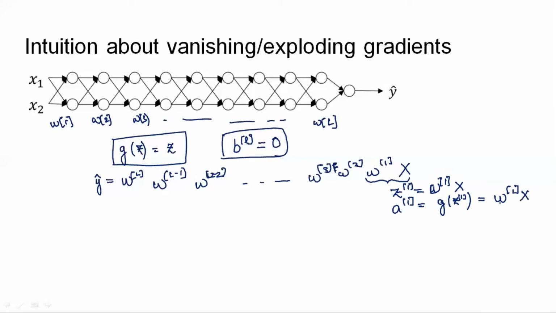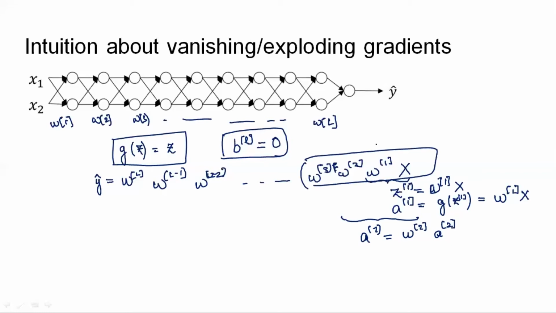Similarly, if I need to write the value of A2, I take this W2 into the previous output, so my A2 would be equal to W2 into A1. And if I consider these three, then A3 would be equal to W3 into A2.